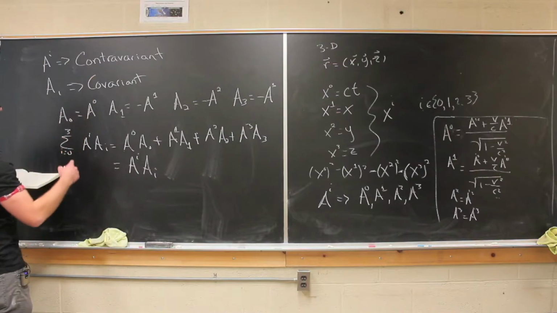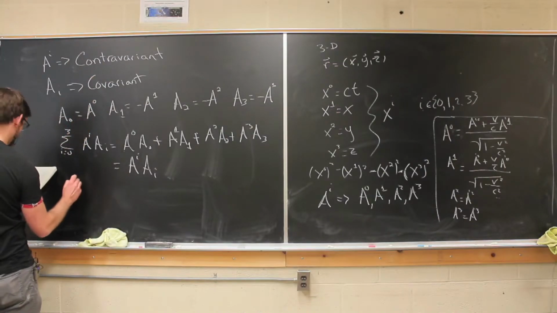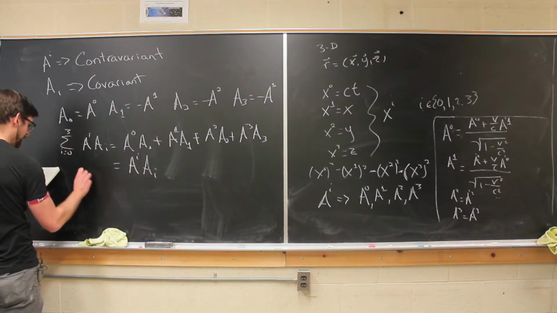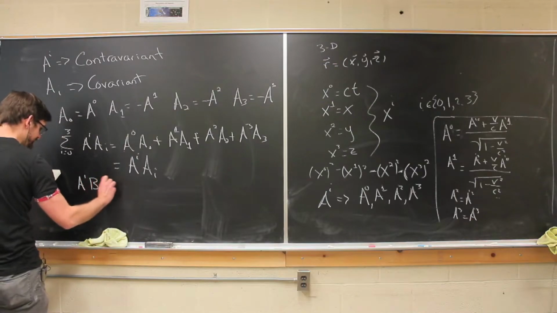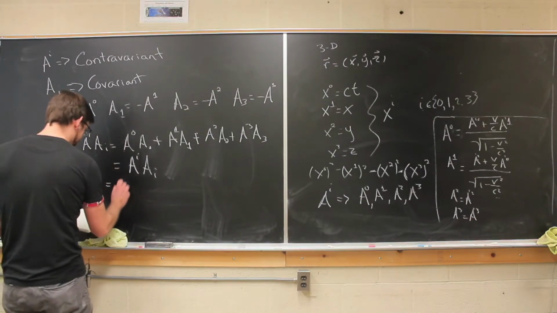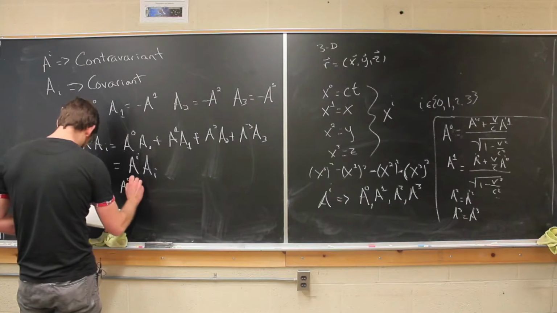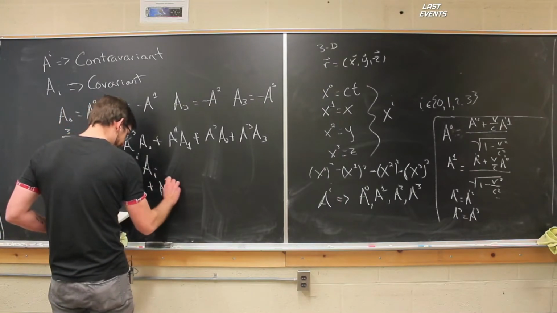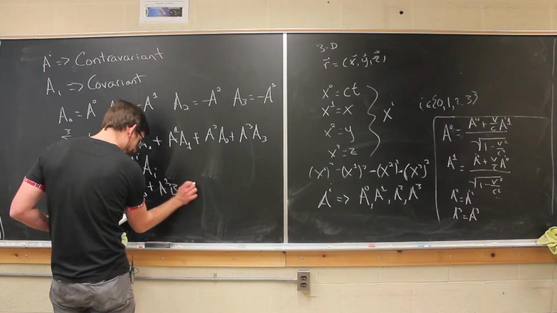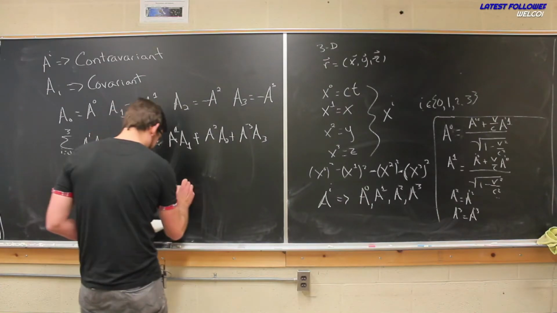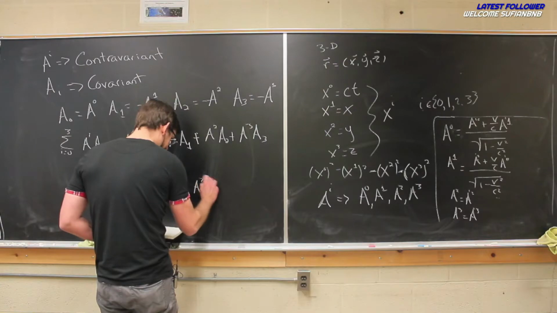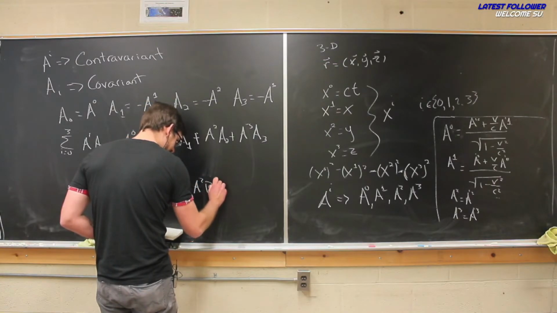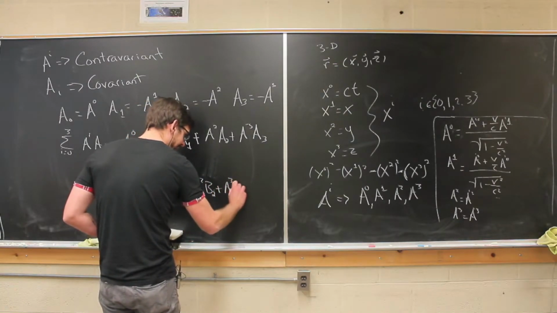One's contravariant and one's covariant, but we can also have two different vectors in general. We'll write it in our Einstein summation, but we'll also write it out, and that is A^0 B_0 plus A^1 B_1 plus A^2 B_2 plus A^3 B_3.